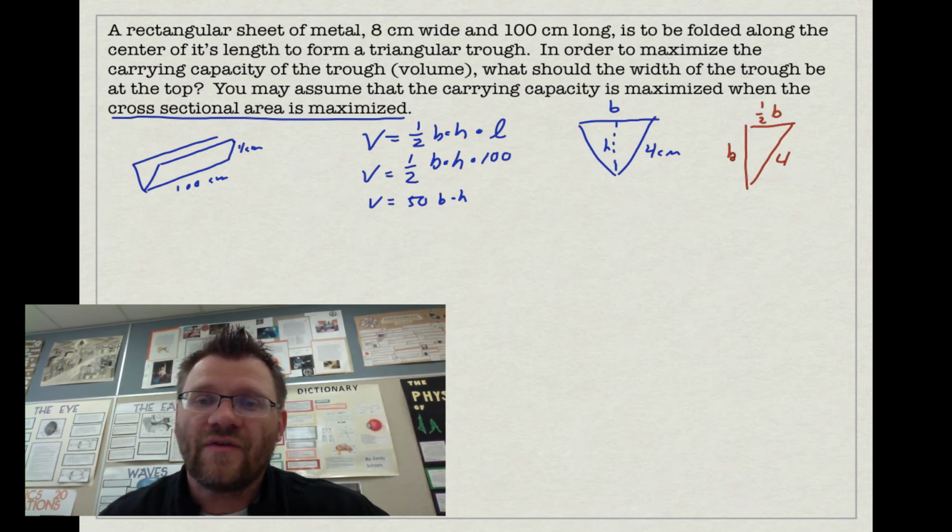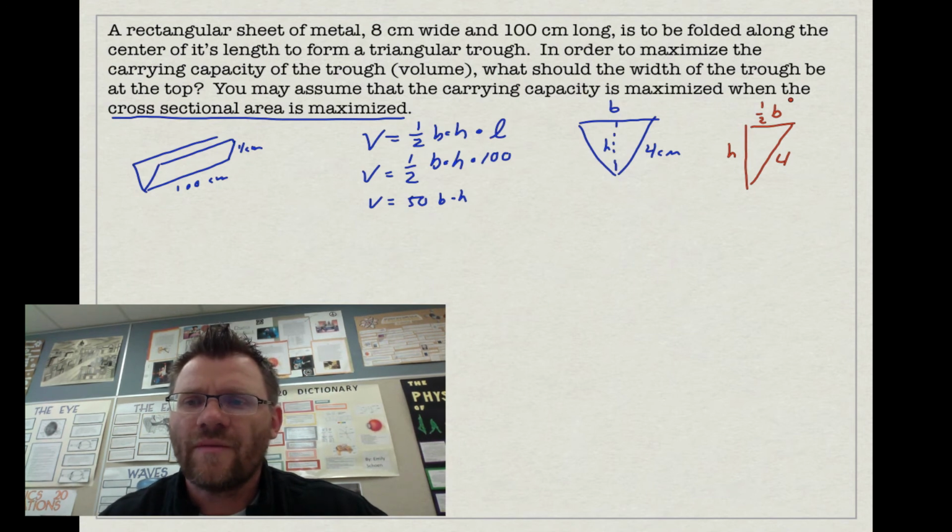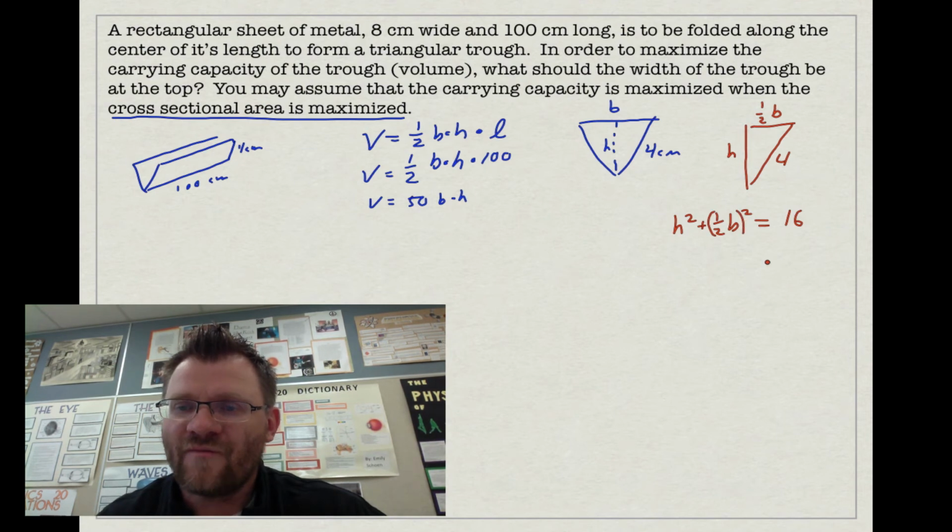So if I'm going to solve for H here, because I only want B's in this equation, I'm going to use the Pythagorean theorem, which is H squared plus (a half B) squared equals 16. That should be a half B in the brackets. So that means H squared is equal to 16 minus a half B squared, which is a quarter B squared, sorry.